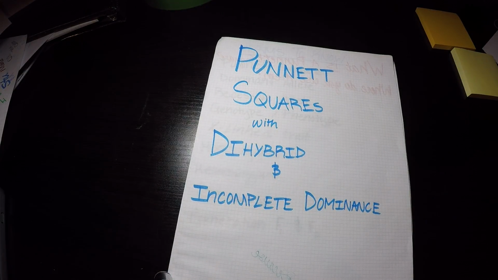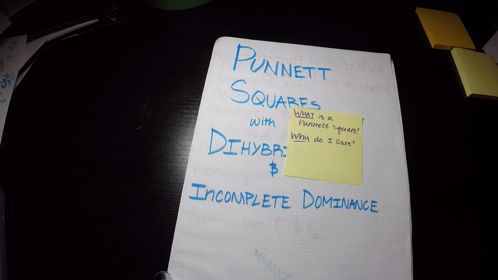We're going to be doing Punnett squares with dihybrid and incomplete dominance genetics problems. So, what is a Punnett square and why do you or I care? A Punnett square is basically a diagram that to me looks a lot like a cross multiplication problem or a multiplication table, and is used to predict the genetic outcome of a test cross.